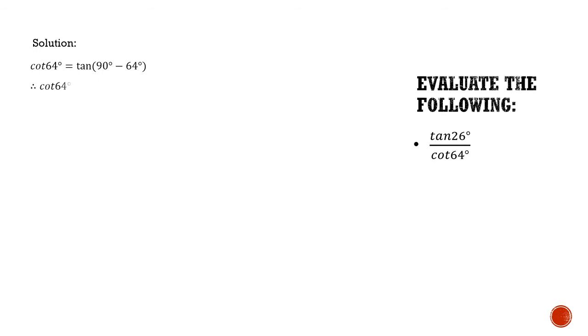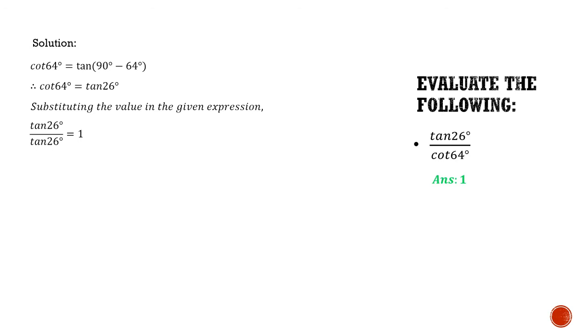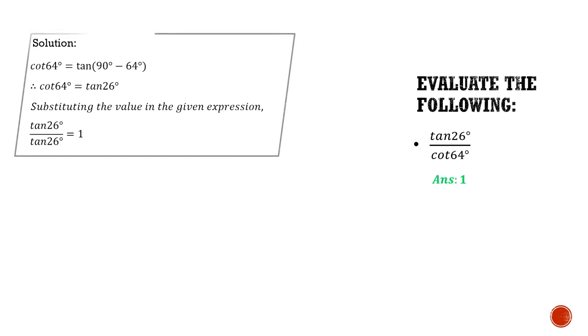That means cot 64 is equal to tan 26, because if we subtract the angles, 90 minus 64, it will give us 26 degrees. So I shall be replacing the cot 64 value in my given expression, and what I'll be getting is answer equal to 1. Correct? Let's do the next question.